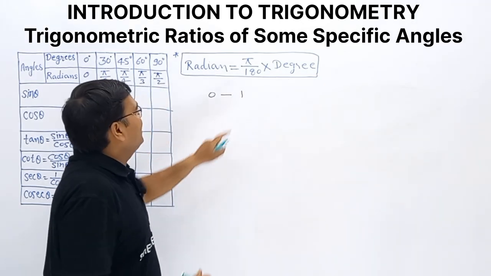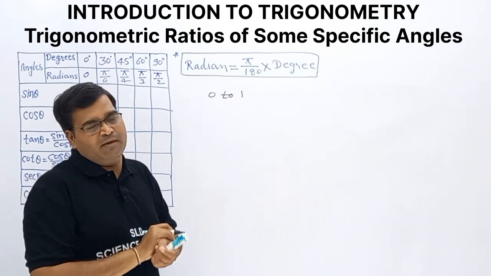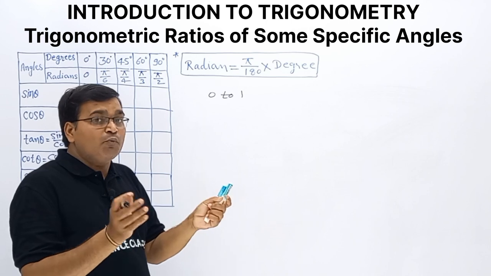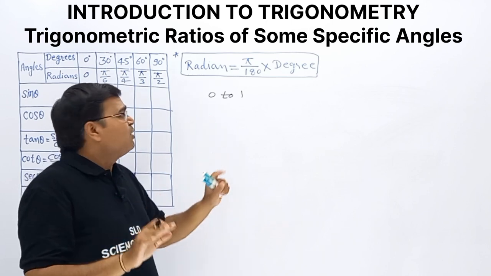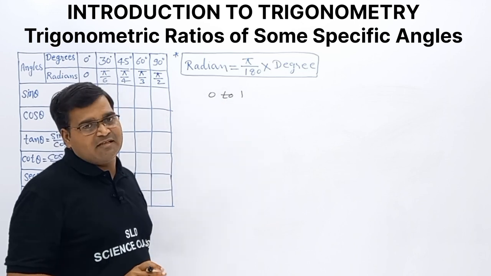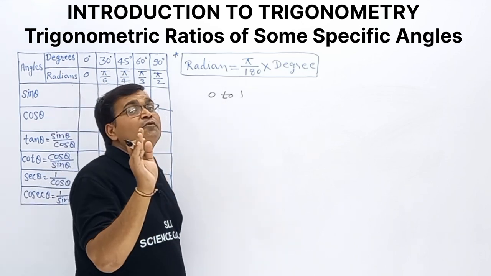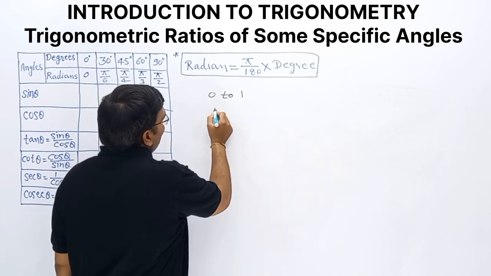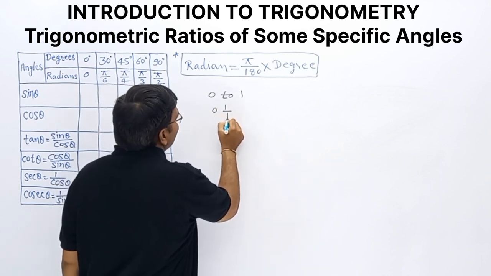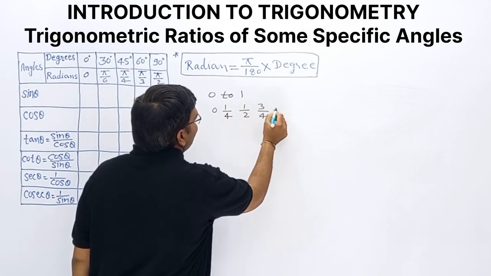So from 0 to 1 we have so many numbers, but we don't need to take so many numbers. We will take 4 parts. So 0 to 1 is divided into 1 by 4, 1 by 2, 3 by 4 and 1.